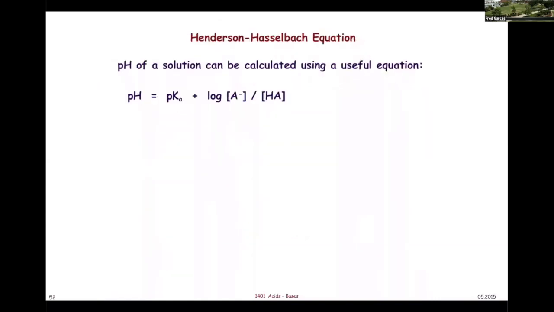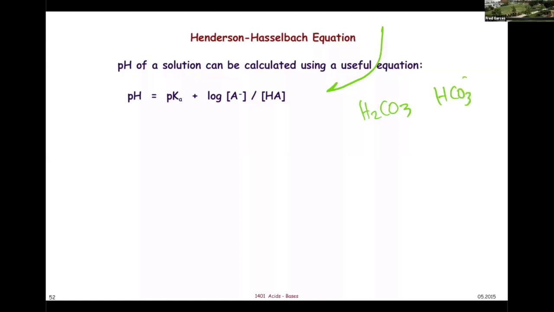There's this equation that you guys should know how to use, and that's how to calculate the pH from a buffer system. Suppose I have a buffer system in which I have carbonic acid, H2CO3, and bicarbonate, and I know this concentration.